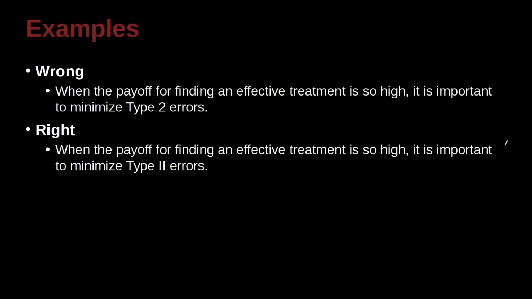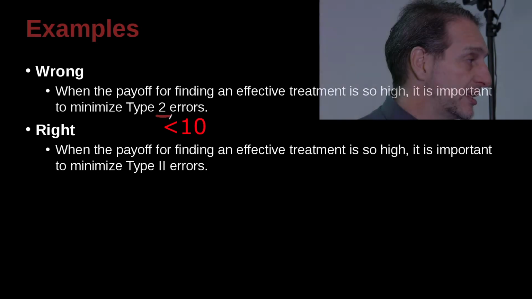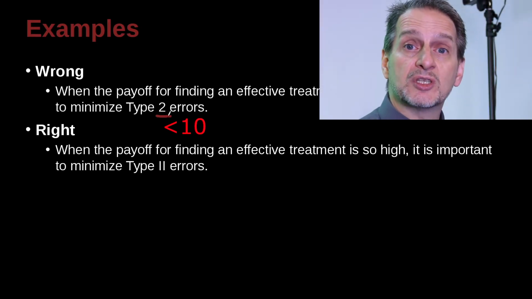When the payoff for finding effective treatment is so high, it is important to minimize type 2 errors. Now here the number is 2, so this seems okay. 2 is less than 10, and it's not a series of numbers here, so why would we not just go ahead and use the number 2?